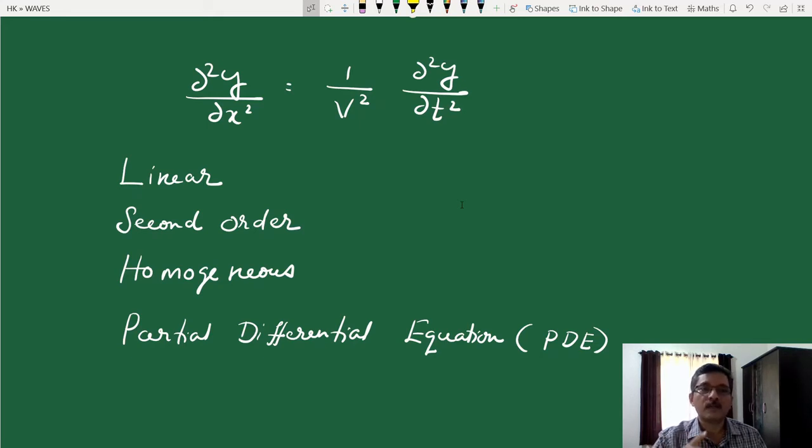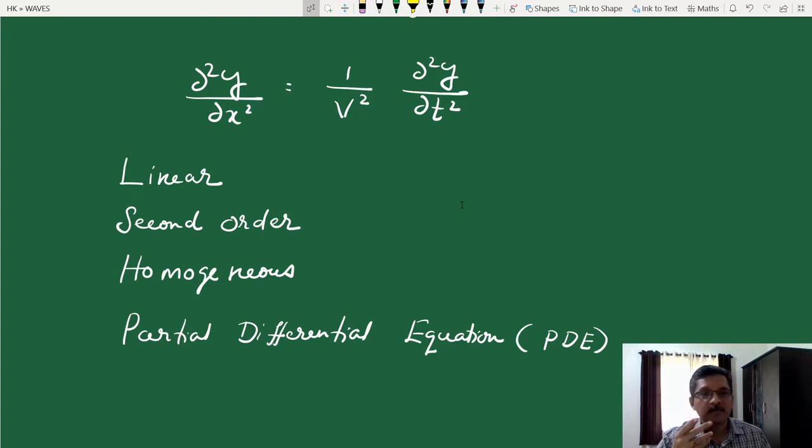So this unknown function y appears in every term. Either y appears or its derivative appears. Then such an equation is called a homogeneous equation. We will see at least one counter example. If there is a term which is independent of y in this equation, then it's a non-homogeneous equation.